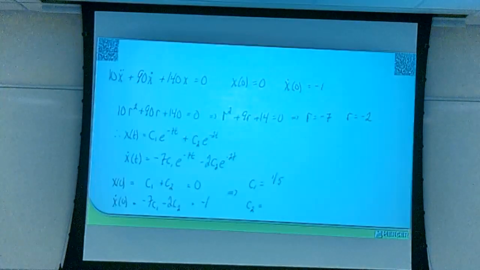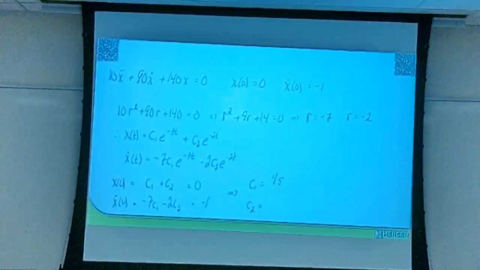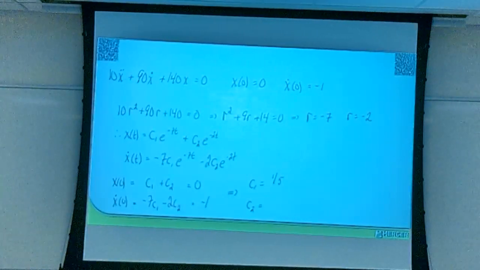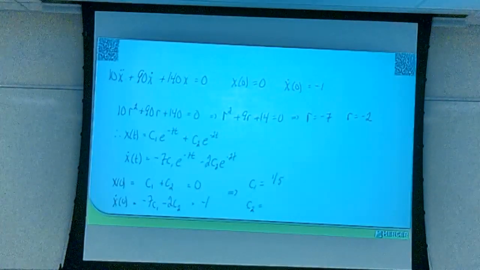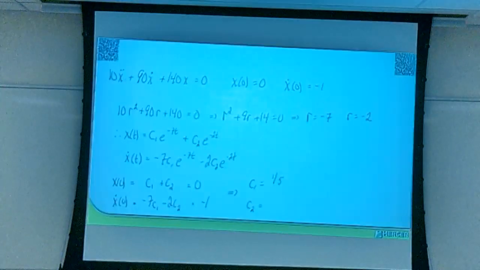Oh, I rewrote x dot in my head as all positives. I just multiplied through by a negative. It doesn't matter, you should get the same thing regardless. If you don't, you should get negative 5C1 equals negative 1. Oh, you're solving for C2?